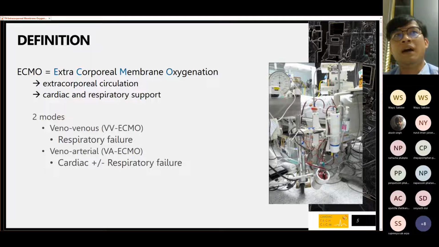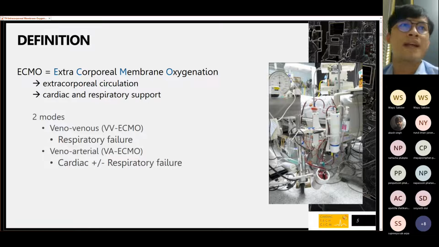Both of these organ systems are supported by this artificial circulation. It can be easily classified into two modes, VV ECMO and VA ECMO.